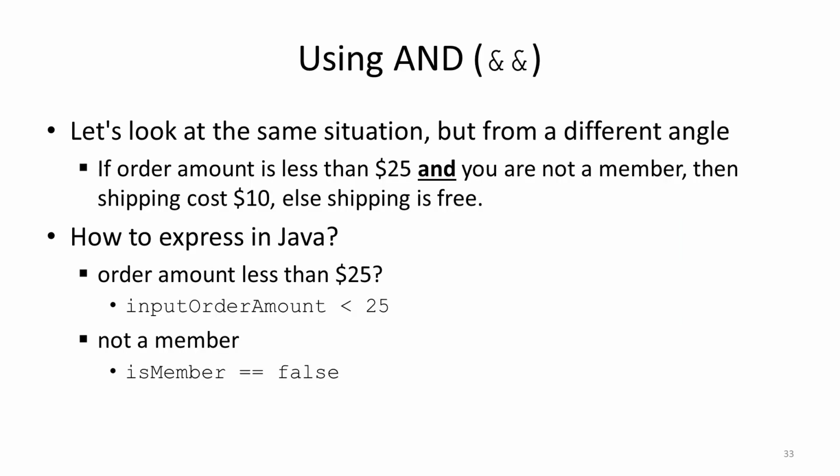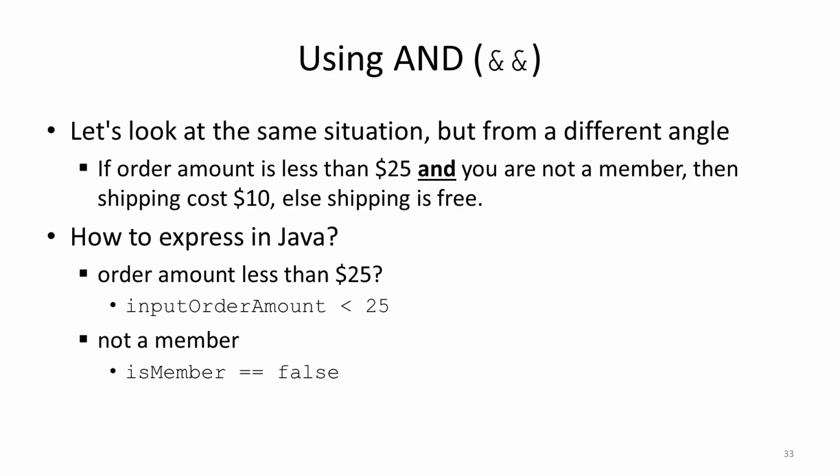If we take a look at the same situation, but from a different angle, meaning in the negative, so we'll be a little pessimistic here. If order amount is less than 25 and you are not a member, then shipping costs $10. Else, shipping is free. Now this is the same situation, just the glass is half empty point of view.